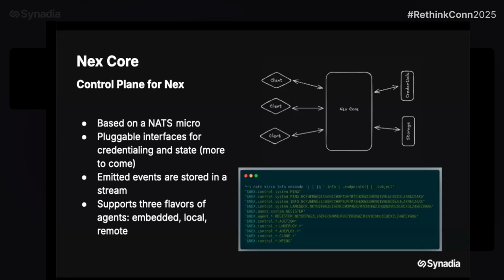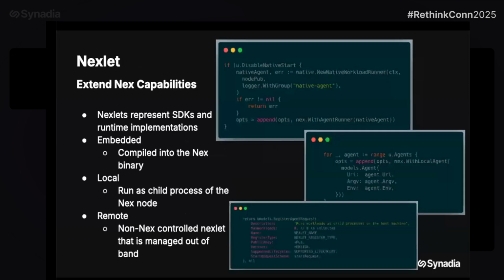And then we come to the type of Nexlet. Nexlets are one of the things I'm most excited about because it does let us extend to wherever we want. The node itself has the ability to run 3 types of Nexlets. They are all built on the same SDKs, but they're just started differently. An embedded Nexlet is essentially something that uses the Go SDK because Nex is Go.